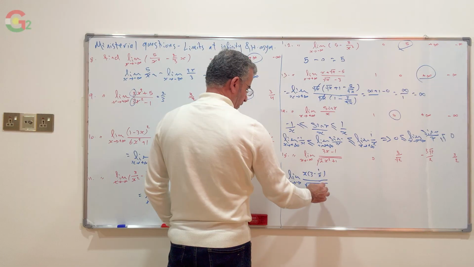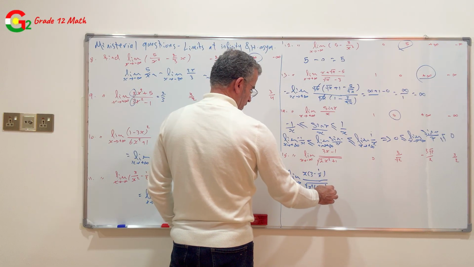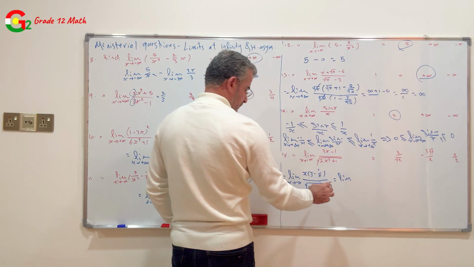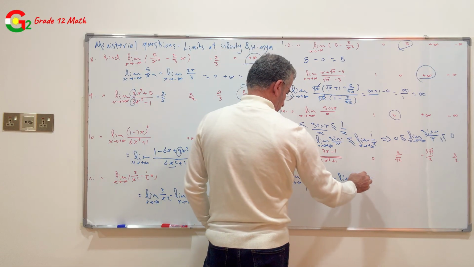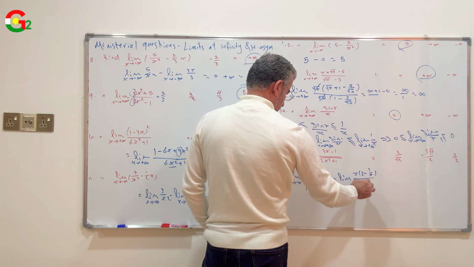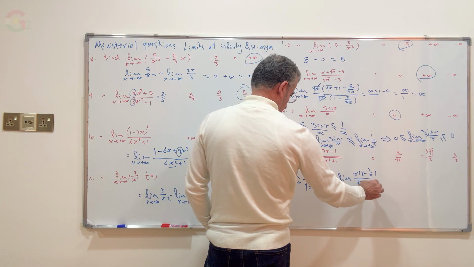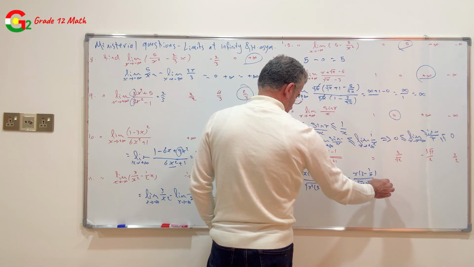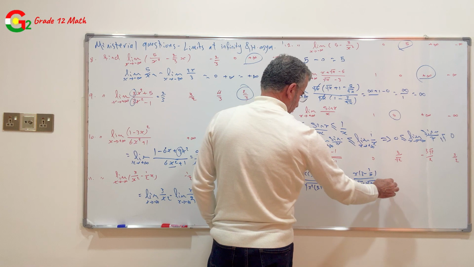From the first term, we have 2 plus 1 over x power 2, equals limit of x times 3 minus 1 over x, over square root x power 2 times square root 2 plus 1 over x power 2.